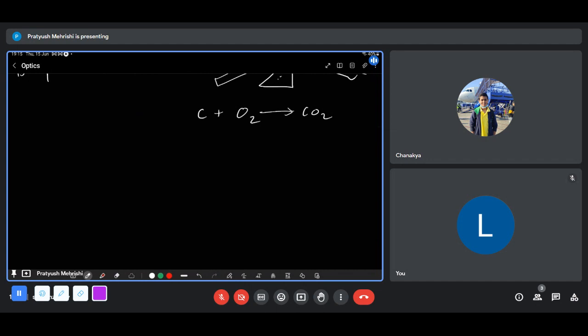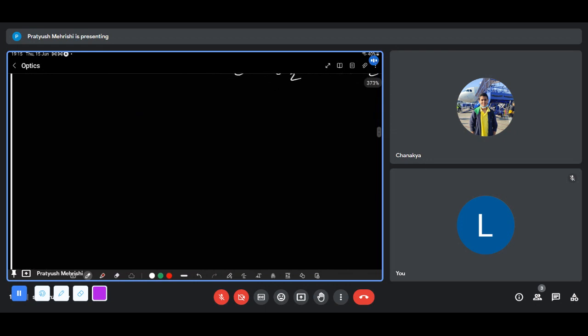Questions regarding the shadow of light. Based on these three properties, there are some questions. Let us try those questions.